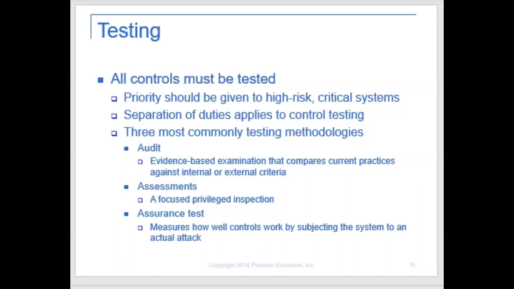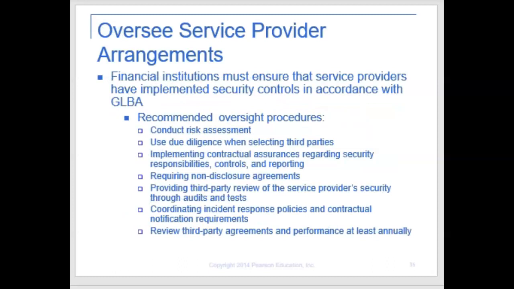Some methodologies are an audit, assessment, and assurance. When you're doing assurance, you could do a black box, white box, or gray box. A black box would be the tester has no prior knowledge of the system or process that's being tested. A white box is they have all the knowledge, and somewhere in the middle is a gray box test, which would say they have some information of the environment that is being tested.